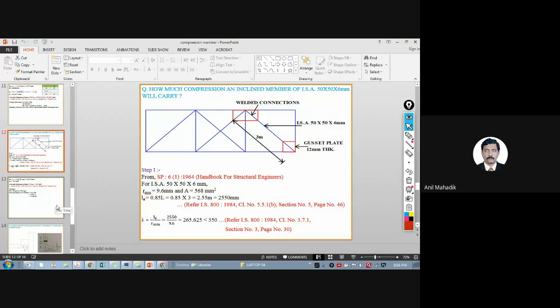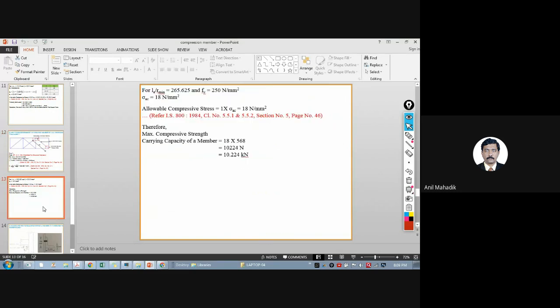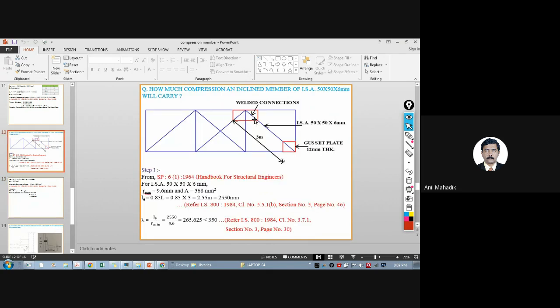Let me take one simple example first. Let's say we are having one truss and there is a member which is carrying the compression.